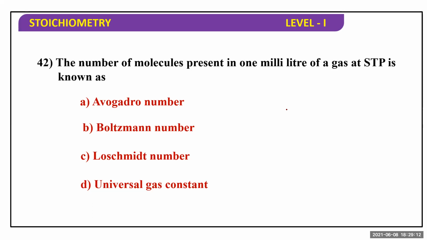Sir, Boltzmann. Huh? It is not Avogadro number. It is actually Loschmidt number. Okay. This is very important information. The number of molecules present in 1 milliliter of a gas at STP is known as Loschmidt number. Okay. This is information.